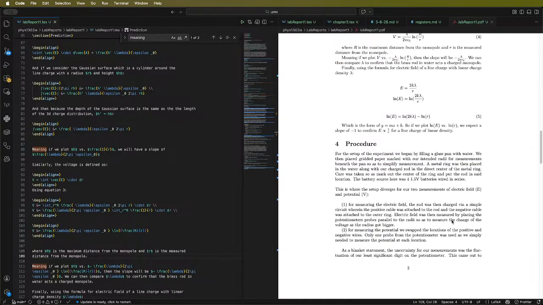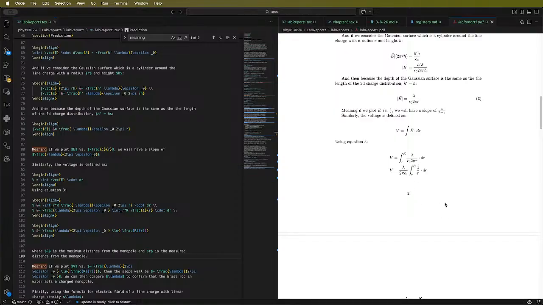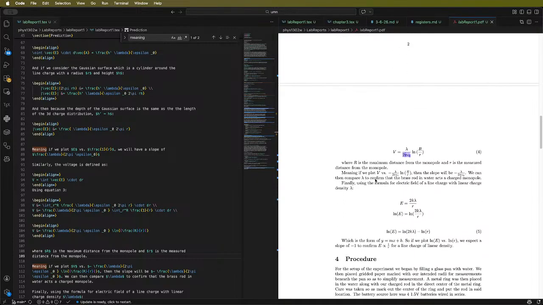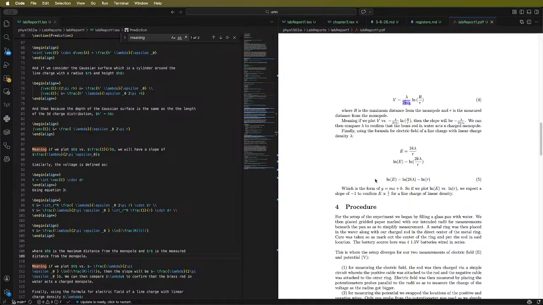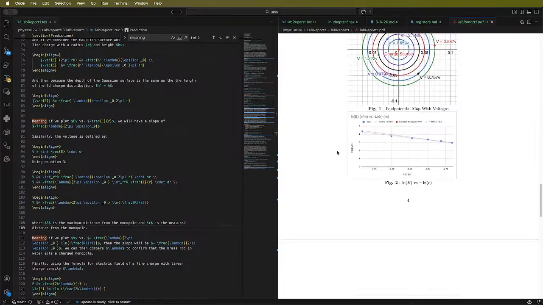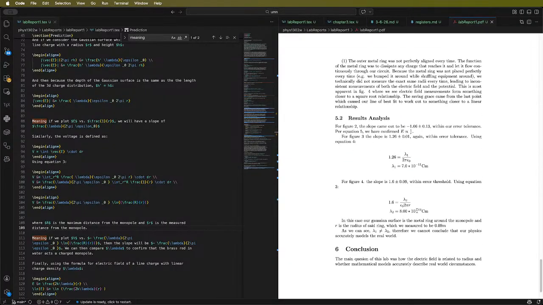Procedure. We still confirm that these are the relationships for lambda, 2 pi epsilon naught. Meaning if we take the slope and multiply it by 2 pi epsilon naught, we should just get lambda, but I did that down here, in figure 4.